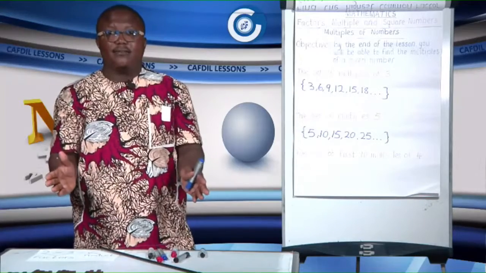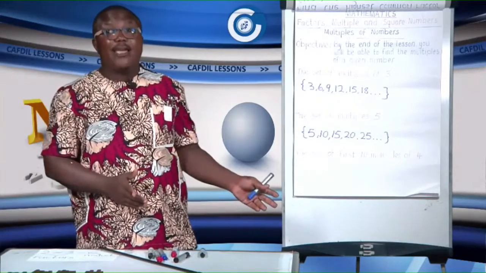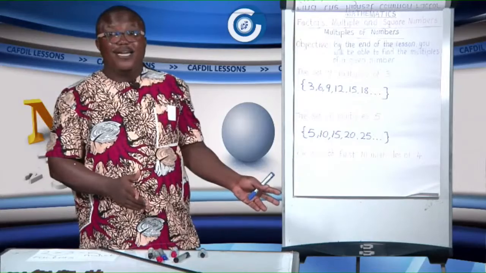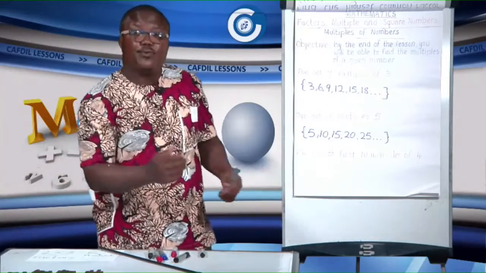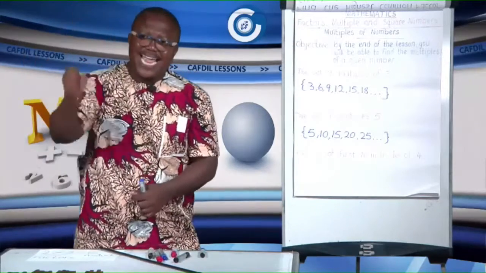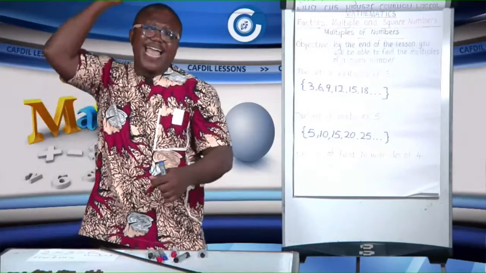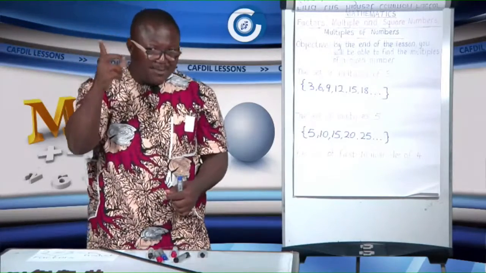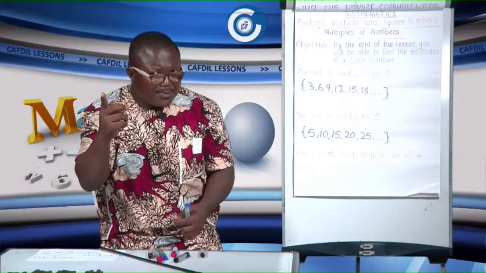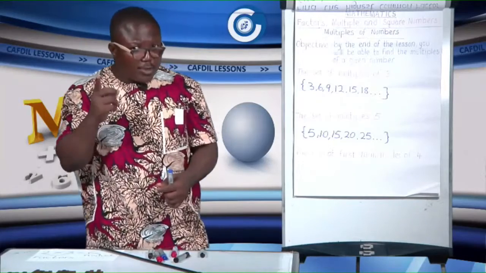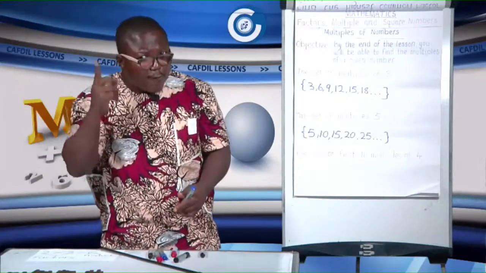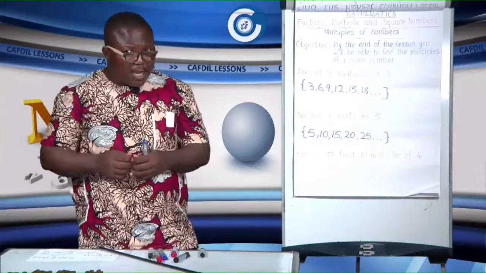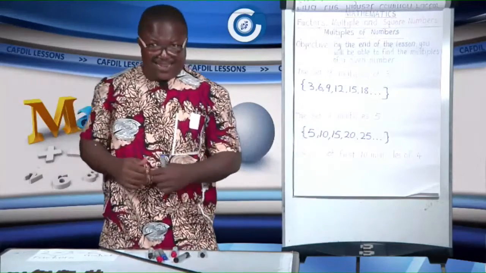Have you seen that? This one, if you are not careful, they will use English to trick you. The first 10. Look at it. The first 10. And the multiples of what? 4. So here they are looking at multiples of 4. But they are saying you should bring the first 10.